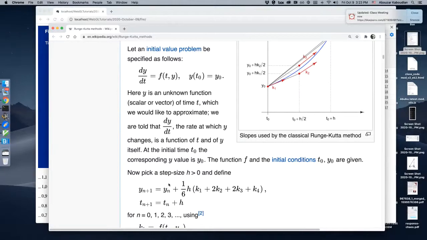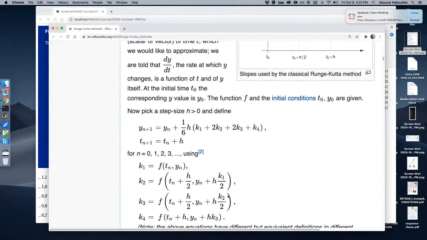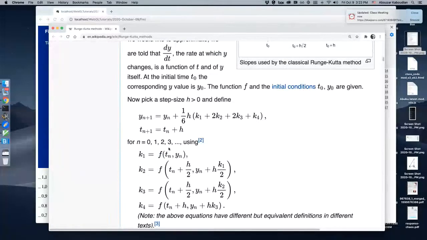And then the total time stepping would be something like this. So we would have to follow this equation. And these k's have to be sequentially calculated based on the previous value and the previous case that you calculate.